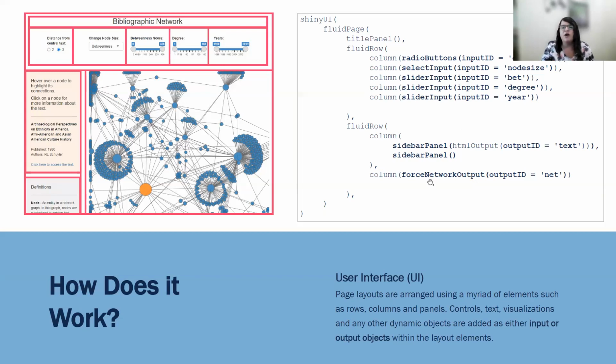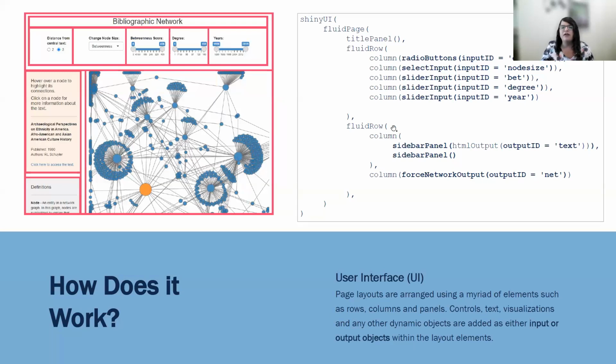Then we get to our output elements. Output elements respond to the user's input. In the user interface, we don't yet tell Shiny how to respond to the user input. That's done on the server side, but we do simply place it in the interface.